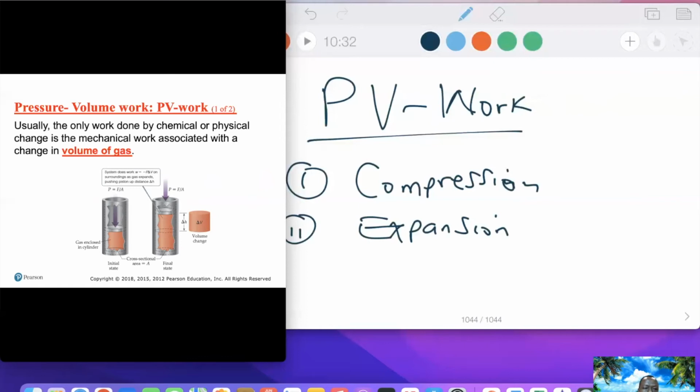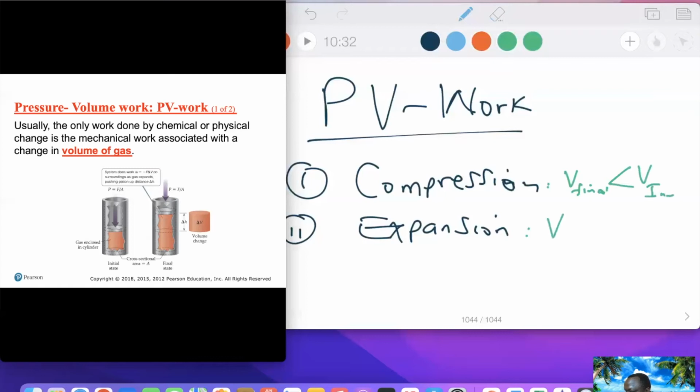This is associated with volume changes. If this is the initial and this is the final, we know that there is compression when V final is less than V initial.